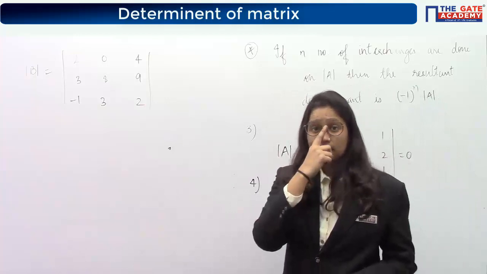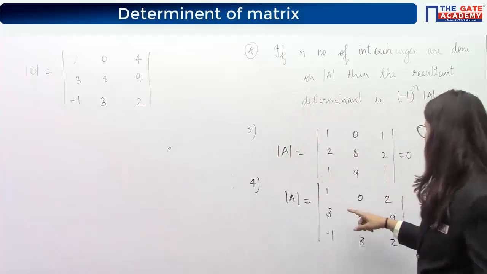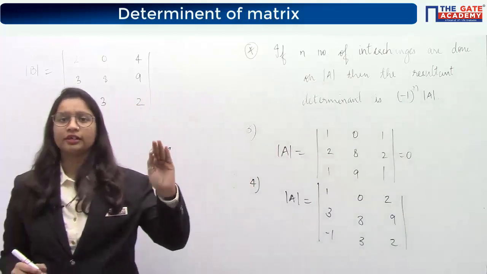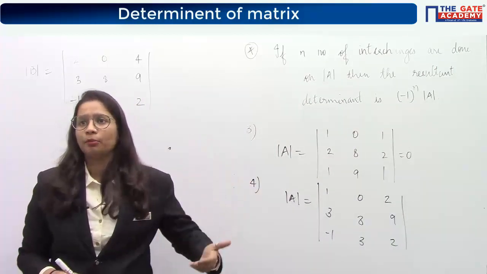That if each element of a line is multiplied by a common factor, then the determinant value is multiplied by the same common factor.